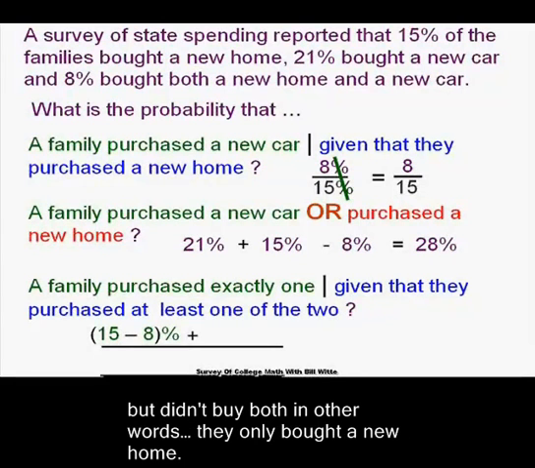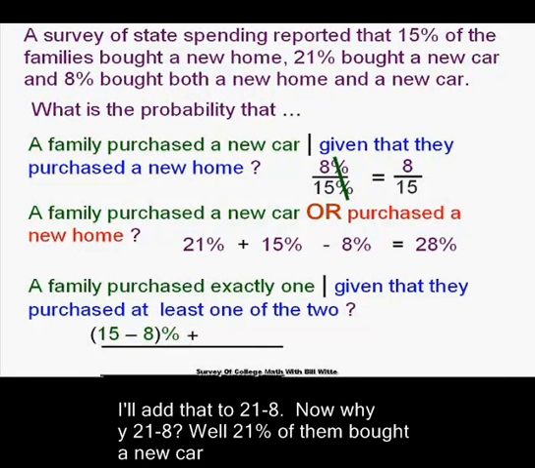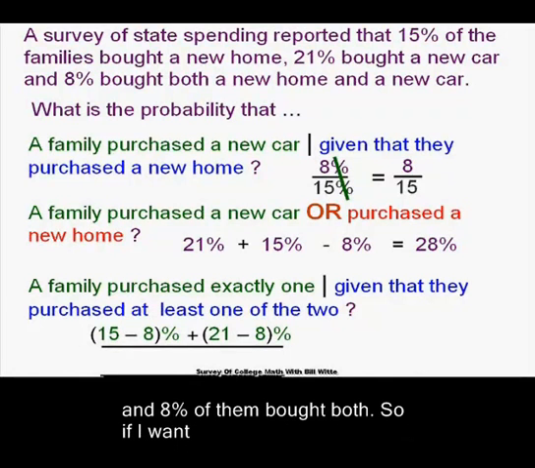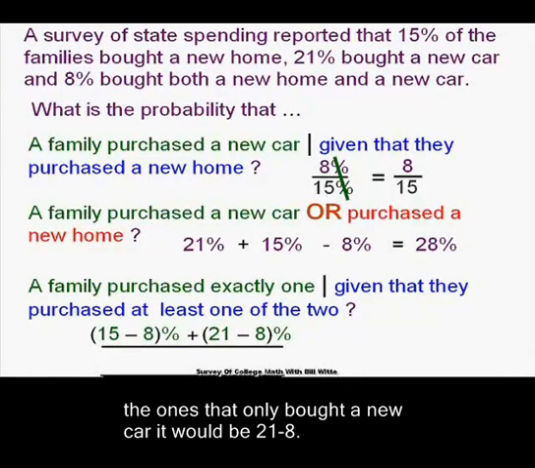In other words, they only bought a new home. So I'll add that to 21 minus 8. Now, why 21 minus 8? Well, 21% of them bought a new car. 8% of them bought both. So if I want the ones that only bought a new car, it would be 21 minus 8.